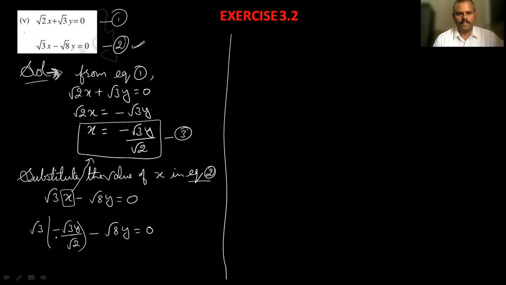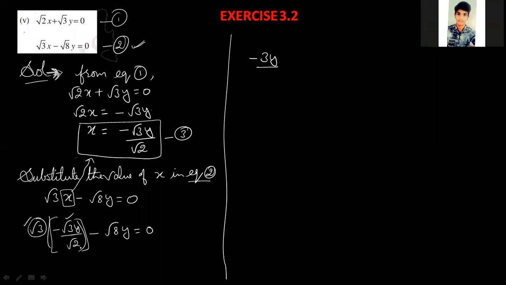So further simplify this. Under root 3 is to be multiplied with this. What are you going to get? Under root 3 multiplied by minus under root 3y is minus 3y upon root 2.